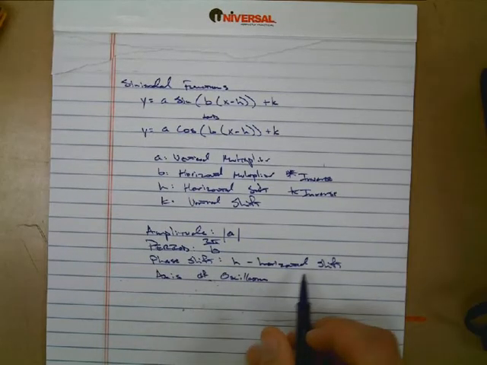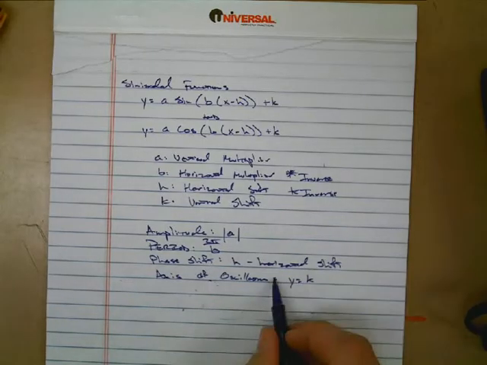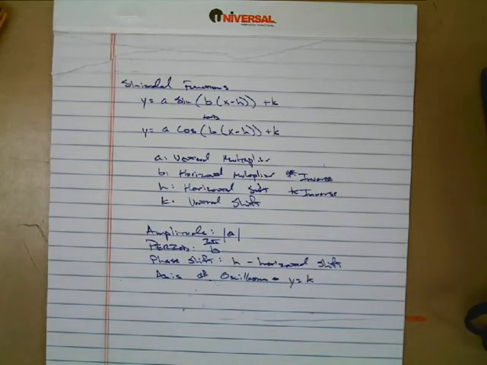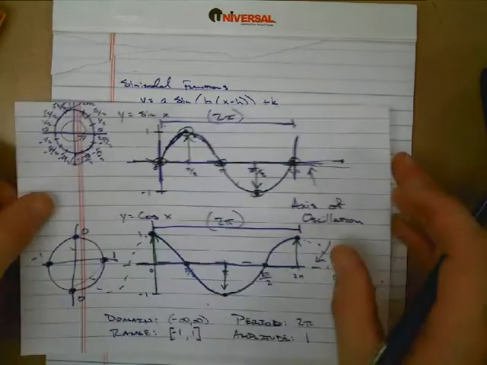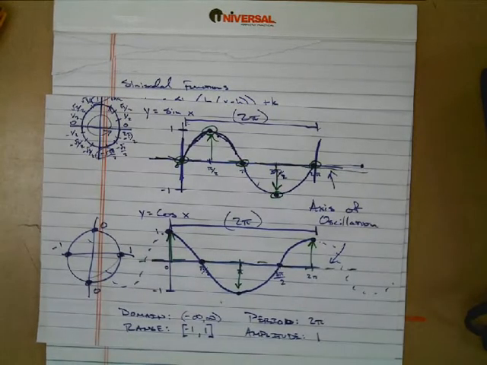Now, let's go back to these functions and identify what key points we actually need to graph in order to see what this function looks like. Let's think of it in terms of periods. There's a period that starts at 0 and ends at 2 pi.